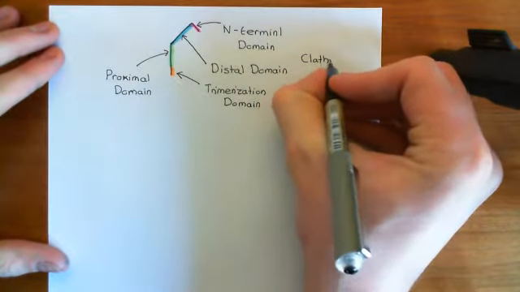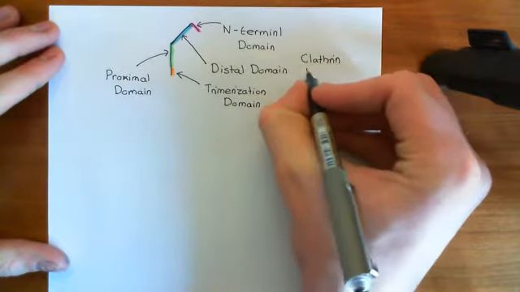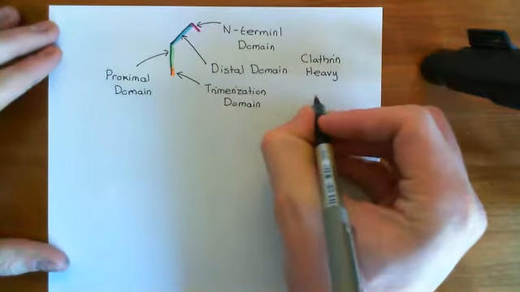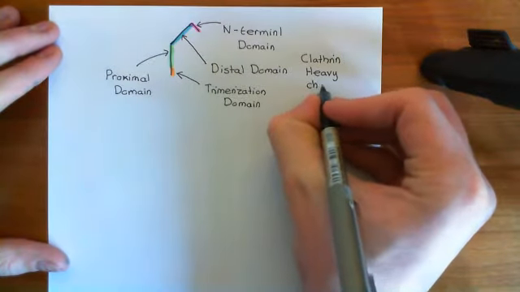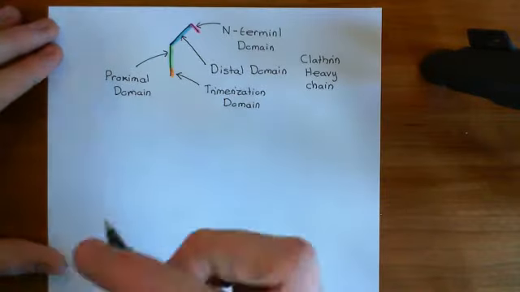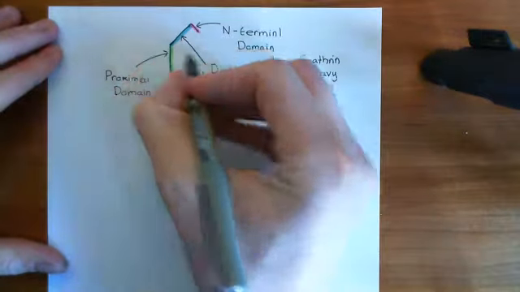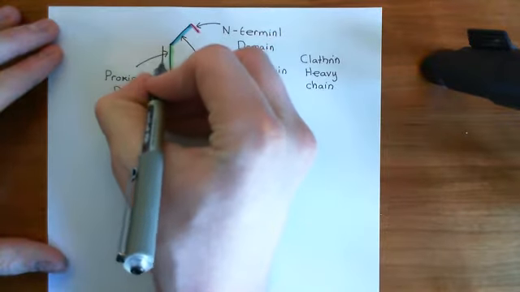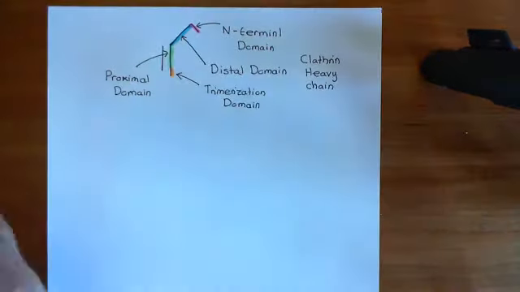What's going to happen is that clathrin heavy chains will associate with clathrin light chains to make a full clathrin molecule, and then we're going to bind 3 full clathrin molecules together to make a clathrin triskelion. To convert a clathrin heavy chain into a clathrin molecule, we need to bind on the clathrin light chain here.